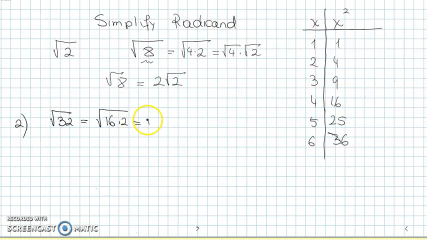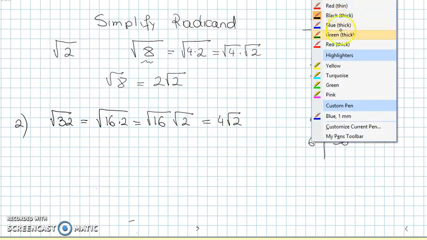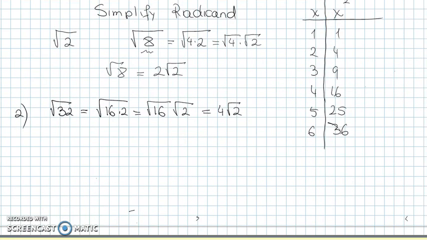You will do the same thing as the first example. Rewrite this as square root 16 times square root 2, which is equal to 4 square root 2. So square root of 32, I can rewrite as 4 square root 2. So basically, the idea is to look at the table with your square values and to rewrite the root.